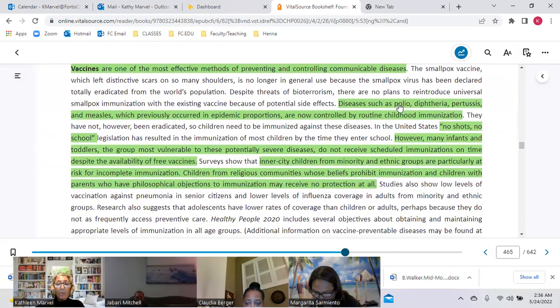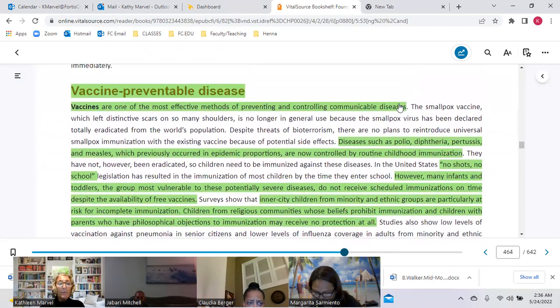And then the other part of this chapter that's important is vaccine preventable diseases. I want you to remember this as a fact, this first sentence. Vaccines are one of the most effective methods of preventing and controlling communicable diseases. Okay. Diseases such as polio, diphtheria, pertussis, measles, which previously were epidemic proportions, are now controlled by childhood immunizations.